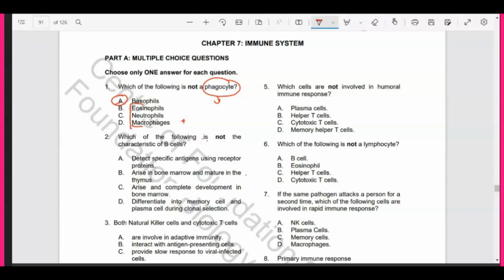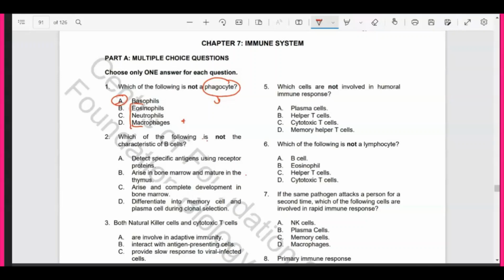Okay, so kena ingat, for your immune response, we have 3 lines of defense: first line defense, second line defense and third line defense. Phagocytic cells are involved in the second line defense, which is internal defense. Kalau second line defense kita ada 4, kan?